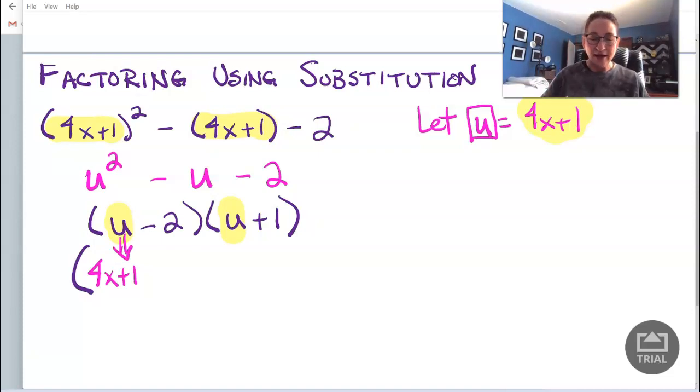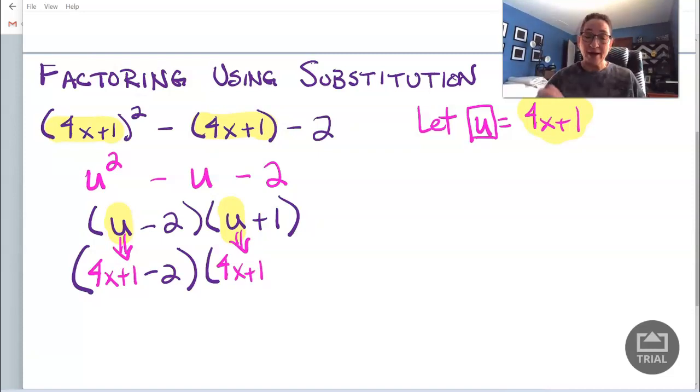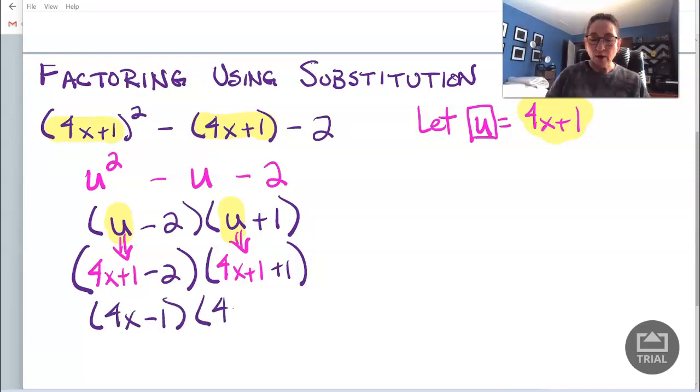And then I've still got this minus 2. Then I've got my 4x plus 1 again for that u, and then I have my plus 1. So now I just simplify inside of those parentheses. So that becomes 4x minus 1, 4x plus 2.